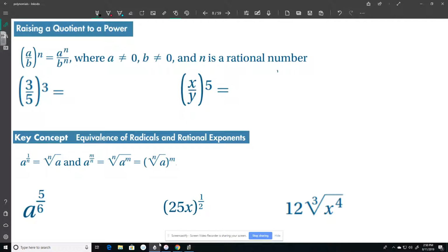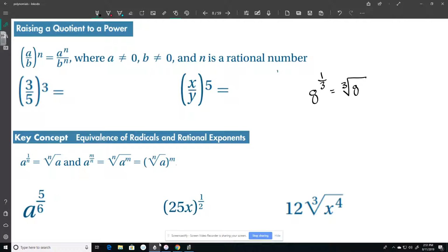So there's a rule that says, if I have a to the 1 over n power, so let's just use an example. If I have 8 raised to the 1 over 3 power, that's equal to, I can take this number on the bottom, and if you look at the example, it moves into the front of the root.